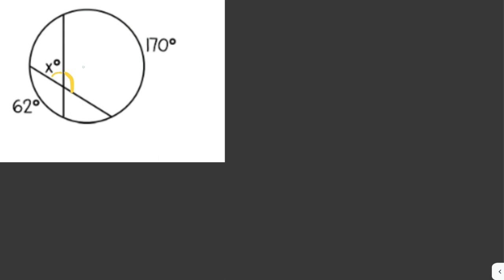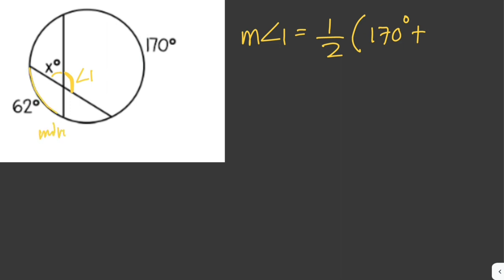Let's say this angle is angle 1. Again, the measure of angle 1 is equal to 1/2 of the sum of the major arc, which is 170 degrees, and the minor arc. This one is the major and this one is the minor, so plus 62 degrees.